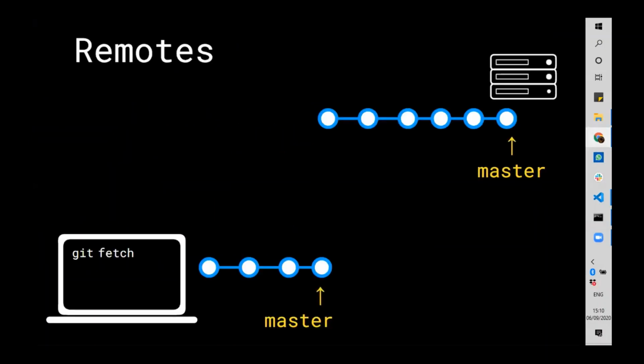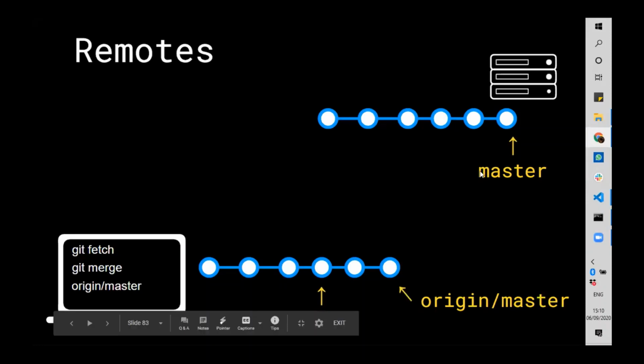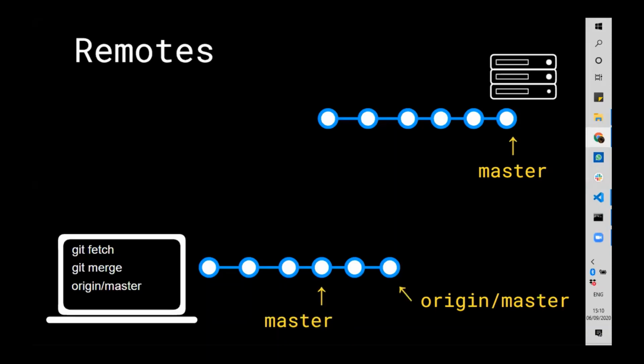Yeah. So now let's come to git fetch. So git fetch is a command which, if you type, all the changes on the remote will be fetched on your local repository, but it won't be merged. So it will just fetch all the changes and show you the changes. Okay, and when you type git merge origin master, origin is basically the remote repository from which you have cloned your local version.